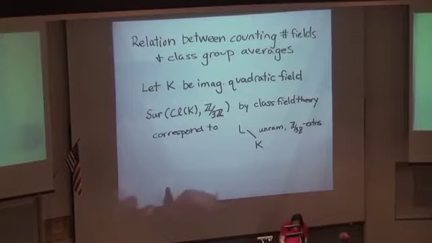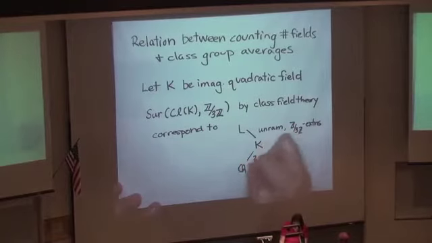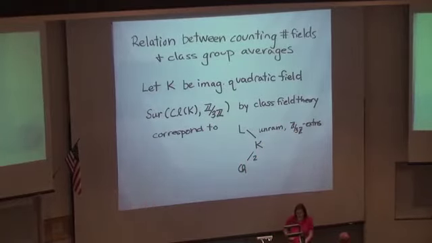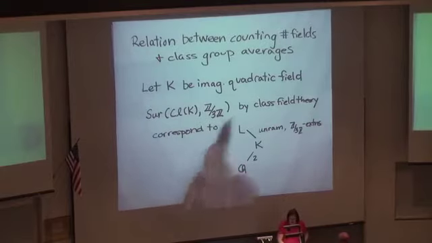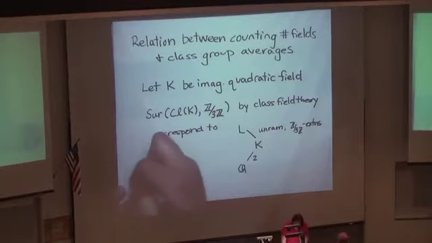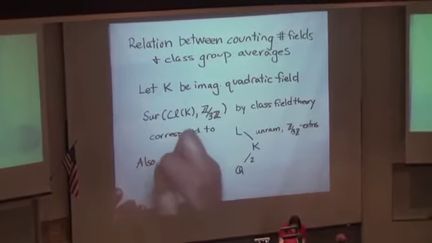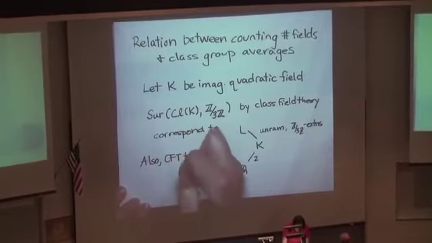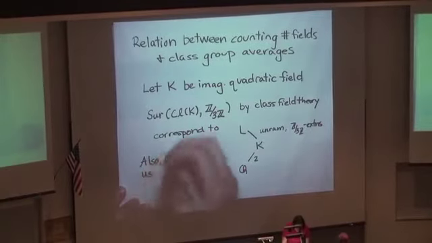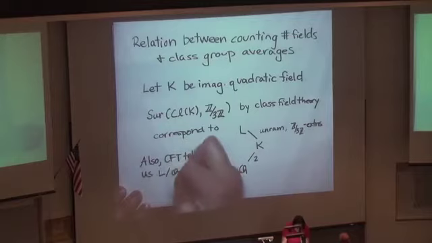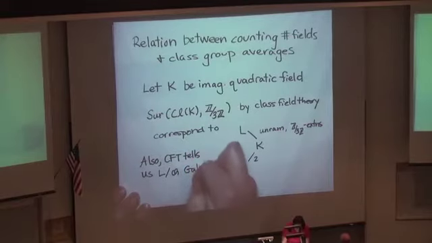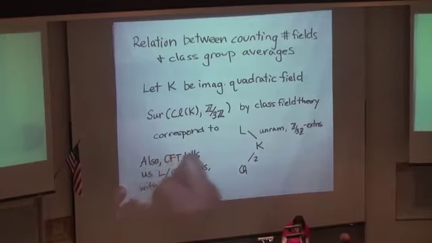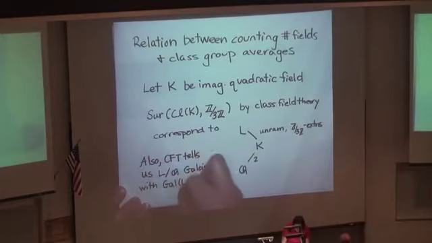So I've got here my K, which was imaginary quadratic, and a surjection from its class group to Z mod 3 gives me an unramified Z mod 3 Z extension. So also, class field theory tells us that L over Q is Galois with Galois group S3.